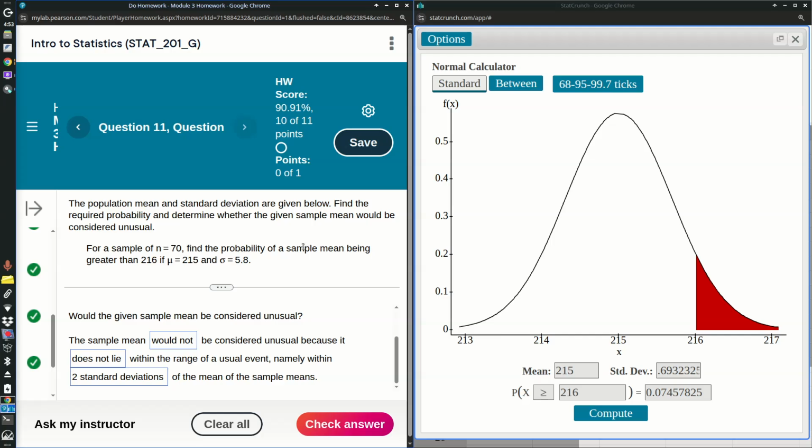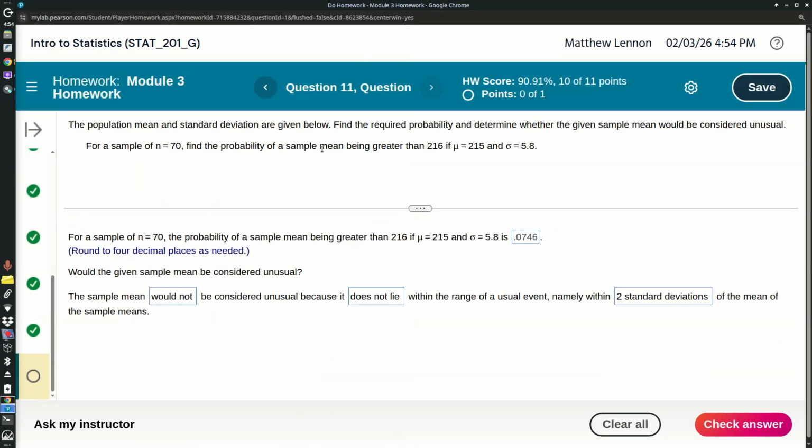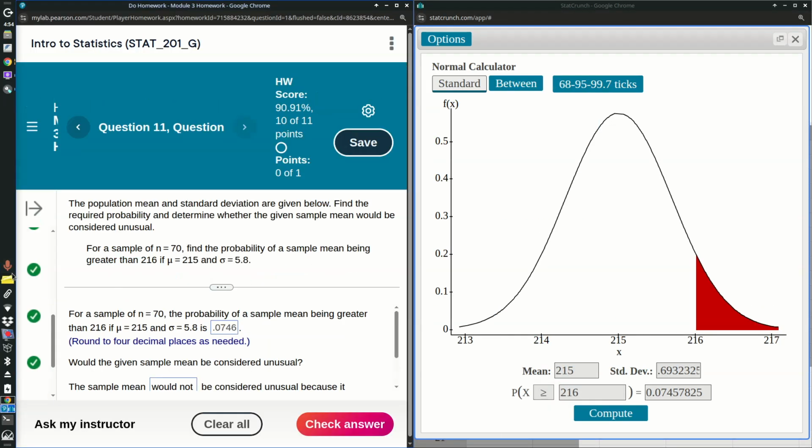The sample mean would not be considered unusual. I'm just thinking, sometimes single-tailed things get a little bit different. But I'm confident that this number's correct, I think. Just checking everything one more time.